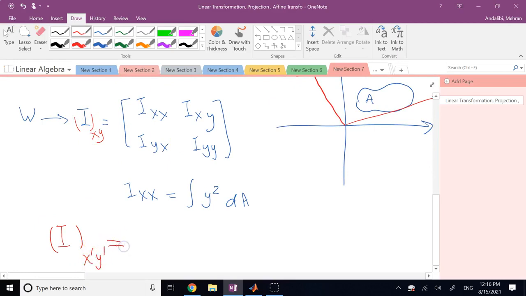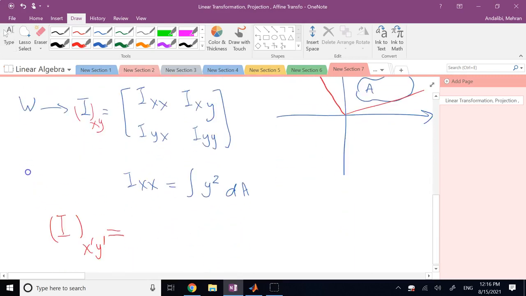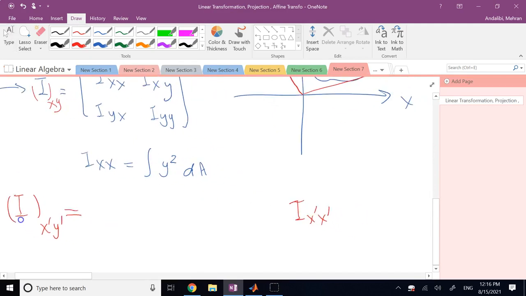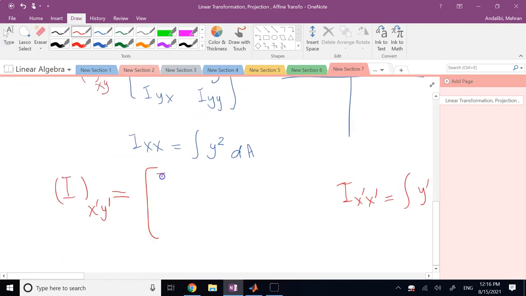Well, it's very hard to recalculate all of these because now, for example, your I X prime, correct? This is going to be the integral of Y prime squared dA, correct? It has 4 new components for you to recalculate. And guess what? Calculation of these is not really trivial.